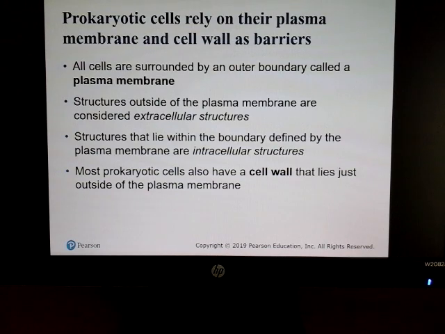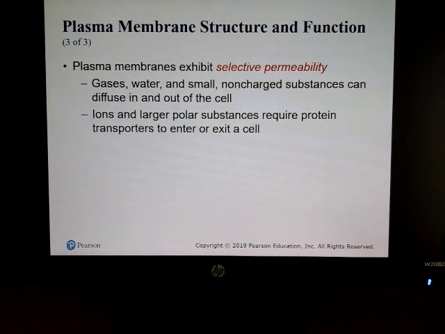Now, plasma membranes are boundaries that many cells have. Some have inner and outer membranes, some just have an inner, etc. In bacteria, there's also a cell wall in addition to a plasma membrane. Membranes have selective permeability. That means they will allow certain things to go in and out, and some things cannot go in and out.